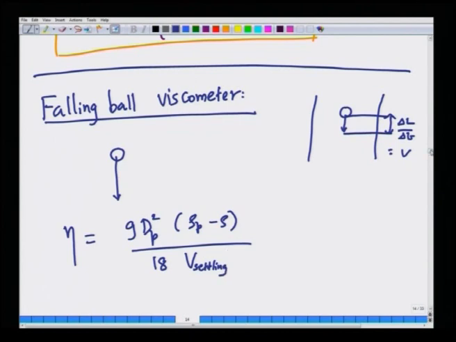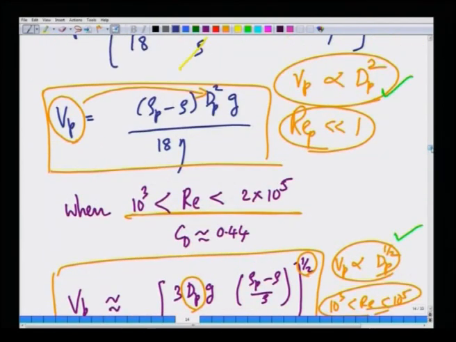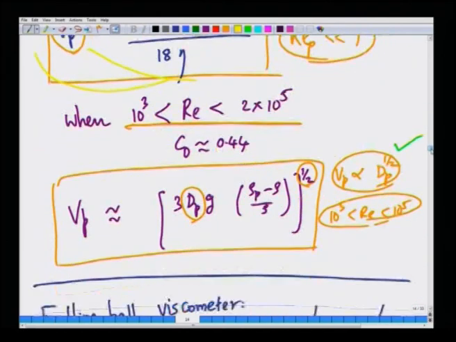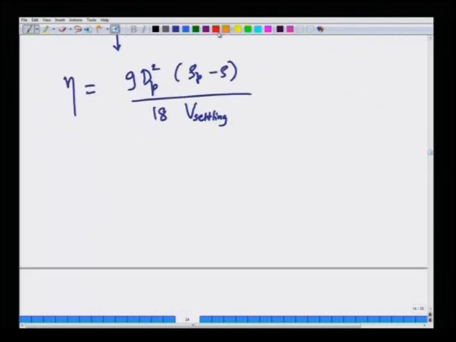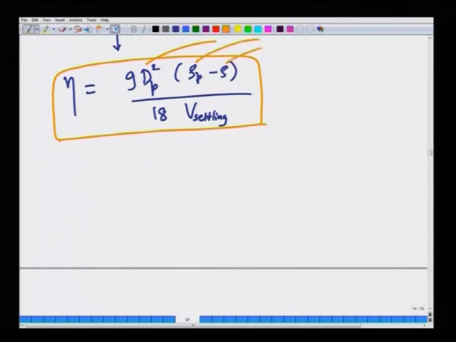So, merely inverting this expression, if the Reynolds number is low, we can pull eta here and then Vp here, that is all we have done in this expression, and you get an expression for viscosity provided you know the diameter, density of the particle, density of the fluid, and you measure the settling velocity of the particle.